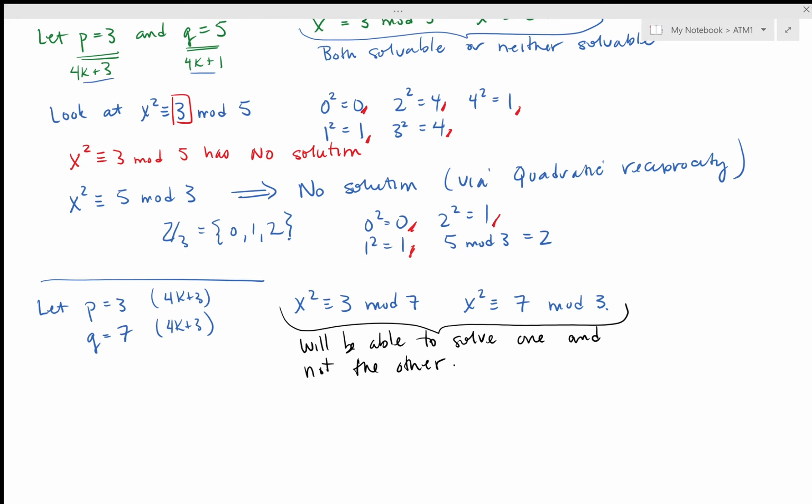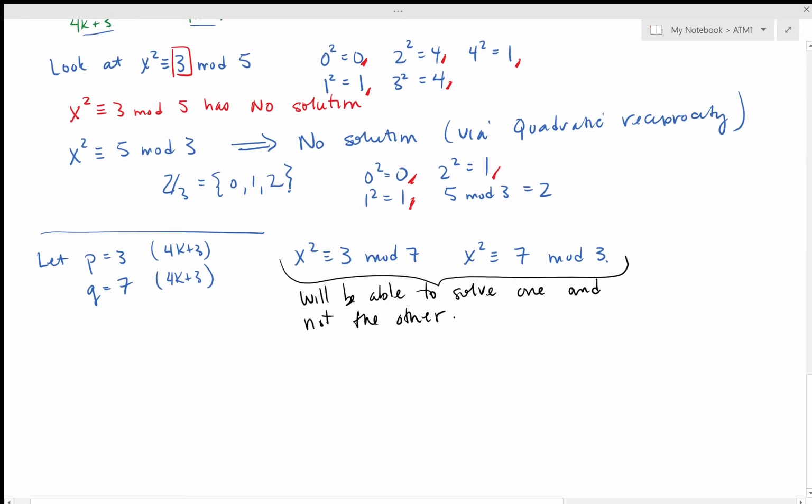So let's just take a look at one of them, and then we can draw the conclusion about the other one. Working mod 3 is faster because we only have 3 numbers to check. So let me check this one, x squared congruent to 7 mod 3. If I'm going to do a brute force look at this, Z3 only has those 3 numbers, so I can quickly check.